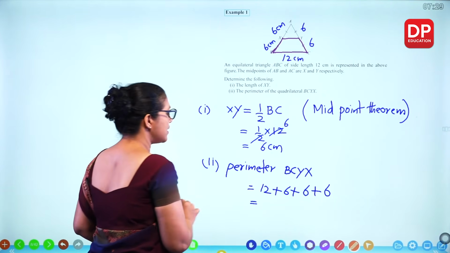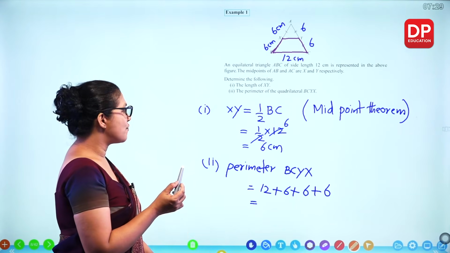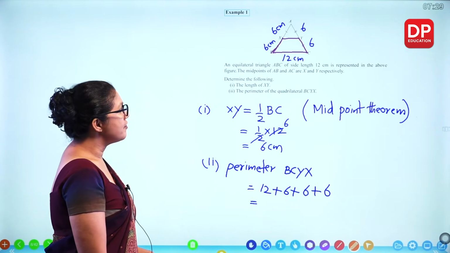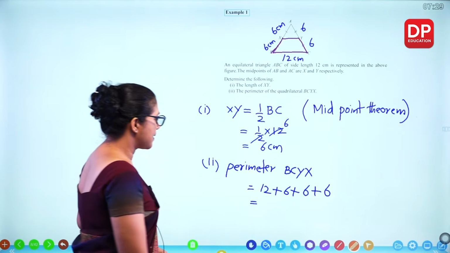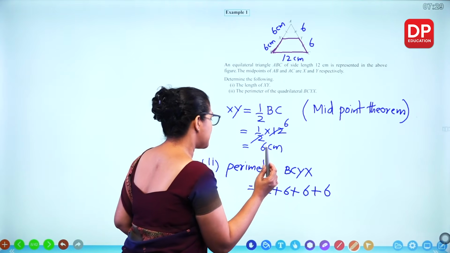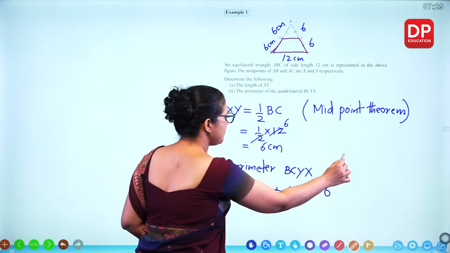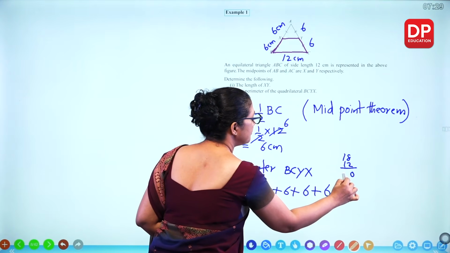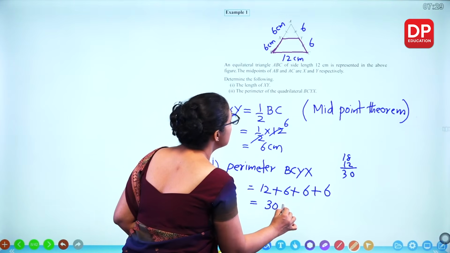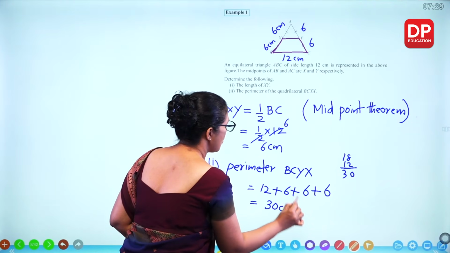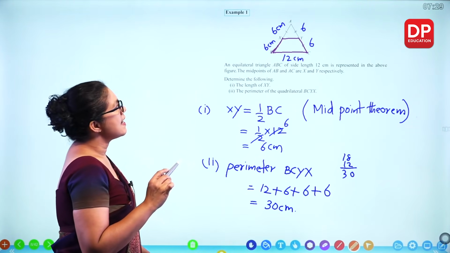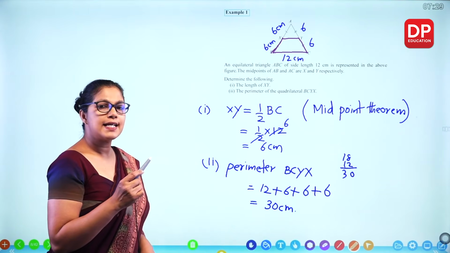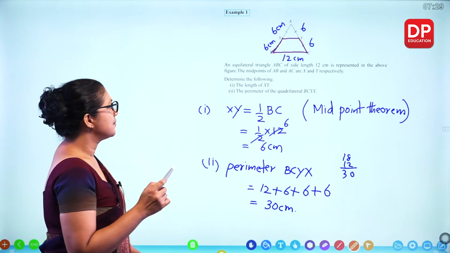Just add all these, that's the perimeter of the quadrilateral BCYX. 12 plus 6, 18. 18 plus 12, 30 centimeters, because the lengths are given in centimeters. So the perimeter is 30 centimeters.